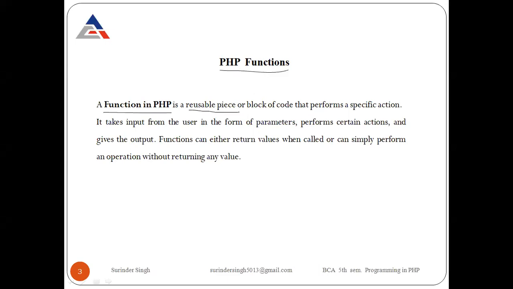A function is a reusable piece or block of code that performs some specific action. Specific action means a function is designed for a specific, particular task. Clear? Reusable means we can call it anytime or many times.